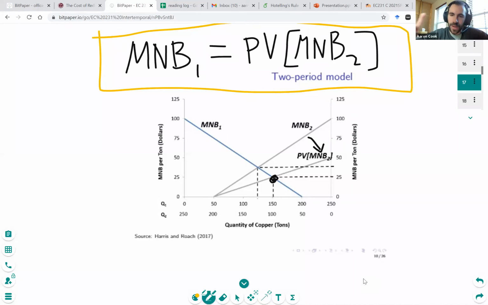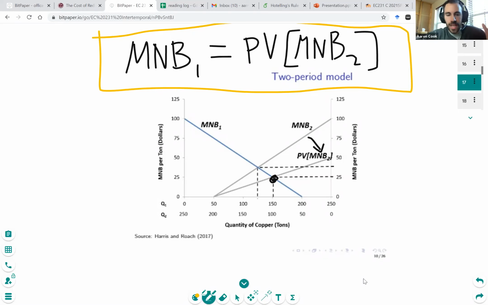So really we have one choice, period 1 consumption, and period 2 consumption will just follow automatically from that, because the resource is limited. Whatever's left over in period 2 is what you're going to consume.